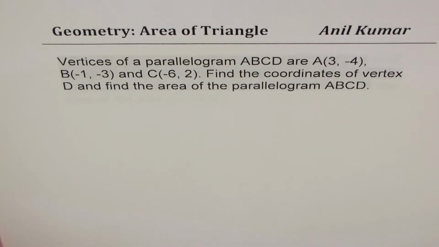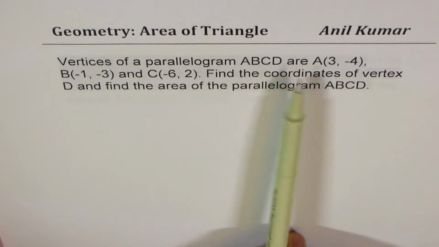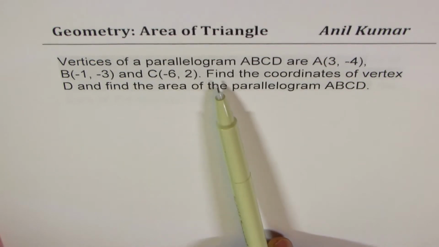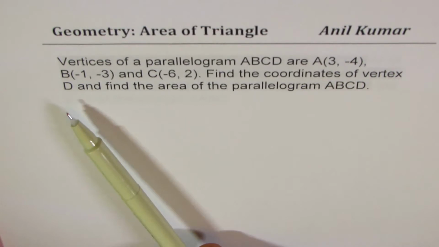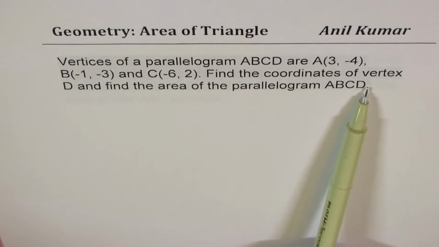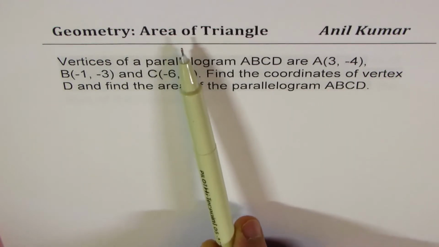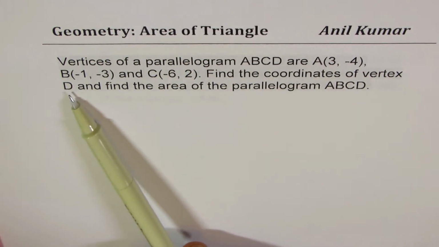And then we'll have this question which says, vertices of parallelogram ABCD are given to you. Well, D is not given. Find the coordinates of vertex D and find the area of parallelogram ABCD, right? So again, the concept of area of triangle, and how will you find vertex D?